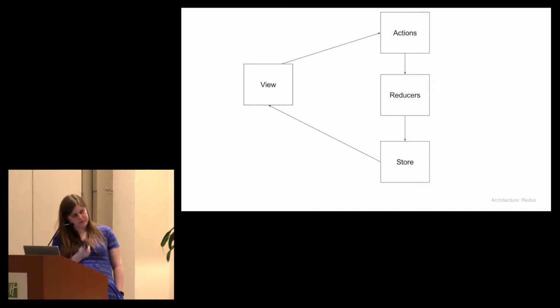But it only has single directional data flow. If you've used some other web frameworks, you probably know that they often do two-way binding, which is confusing and harder to find bugs in. Single direction flow is very helpful. Also, everything in Redux is pretty functional. Like we'll see in a minute, the reducers take in an action and the store and output a new copy of the store so that you don't have any bleed between states.